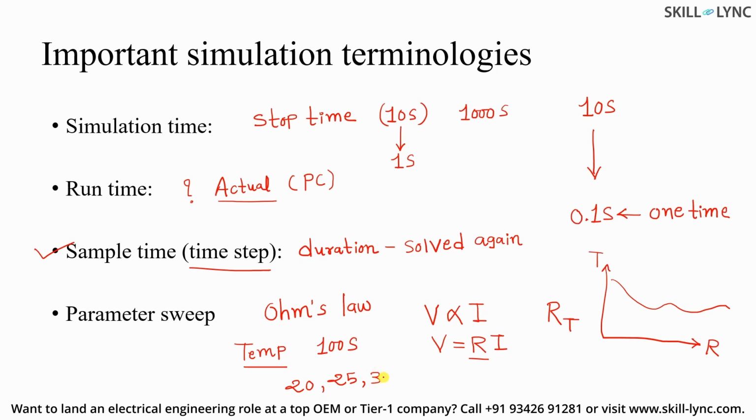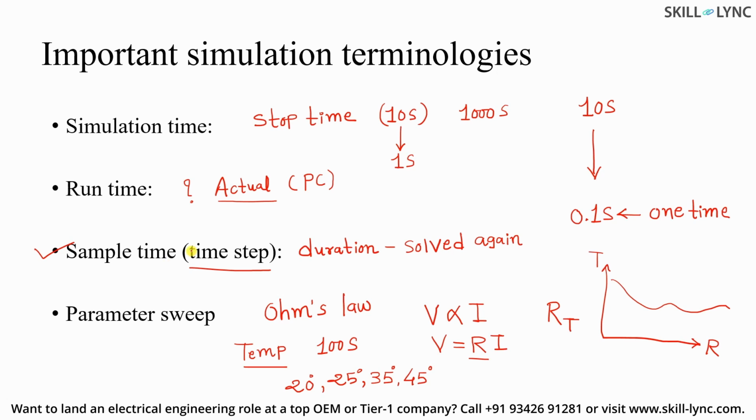Let's say the next temperature is 35 and another is 45, and due to all this change in temperature in degrees centigrade, what is going to be the effect on the current passing through it and the voltage across this device? So that can be understood by a parameter sweep.